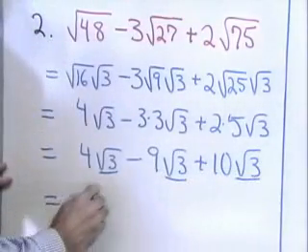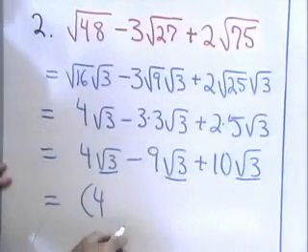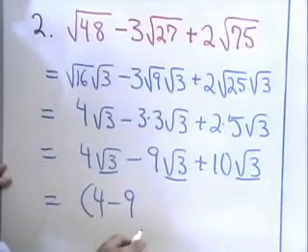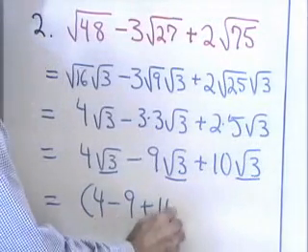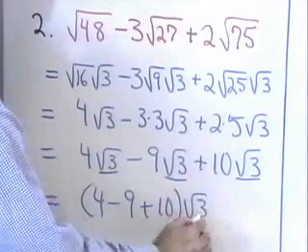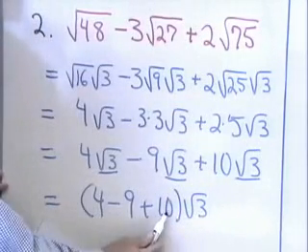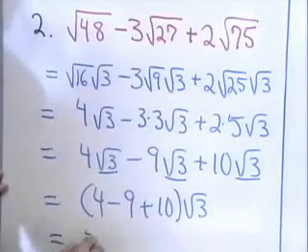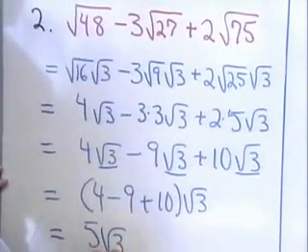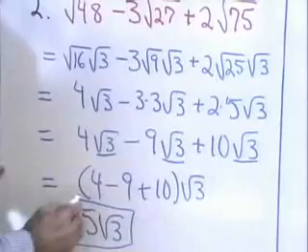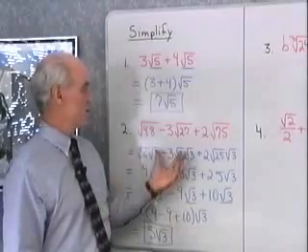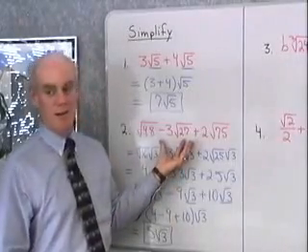I'll apply the distributive property. Even if I don't write this, this is what I think: 4 subtract 9 plus 10, all that times square root 3. Now 4 subtract 9 is negative 5, plus 10 is positive 5, square root 3. So positive 5 square root 3, that is the simplified version of this original expression right here.